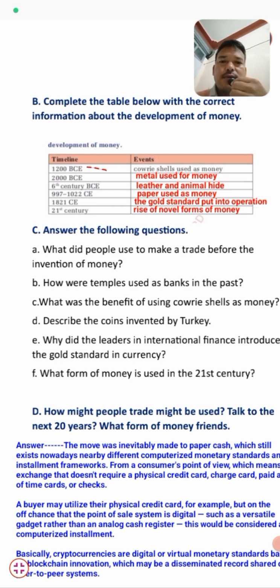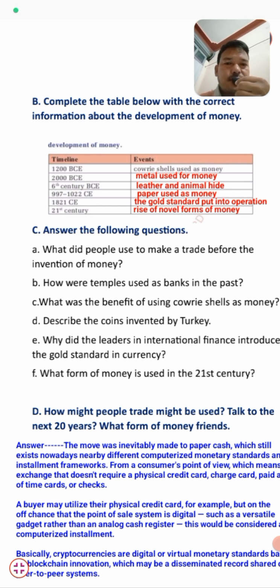For example, in this column you can see the timeline is given. In the second column you have to fill in the events and information. First, for example, 1200 BC, it was the time when cowrie shells were used as money. And in 2000 BCE, metal was used for money.